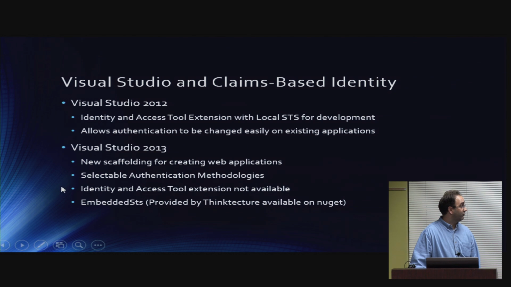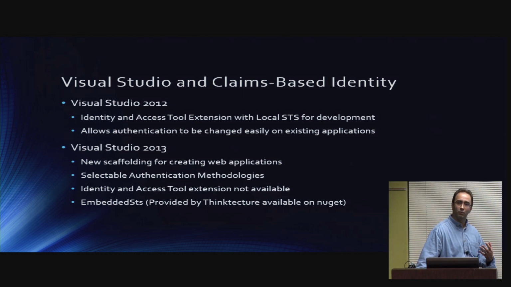Again, the Identity and Access Tool extension is not available. However, the people that created their STS, Think Texture, saw that there was no local STS any longer, and created this NuGet package called Embedded STS, which allows you to do something very similar, albeit it doesn't have the whiz-bang features of the old local STS that allowed you to create claims easily, with a nice little screen where I could go in and add the claims I wanted to test with.